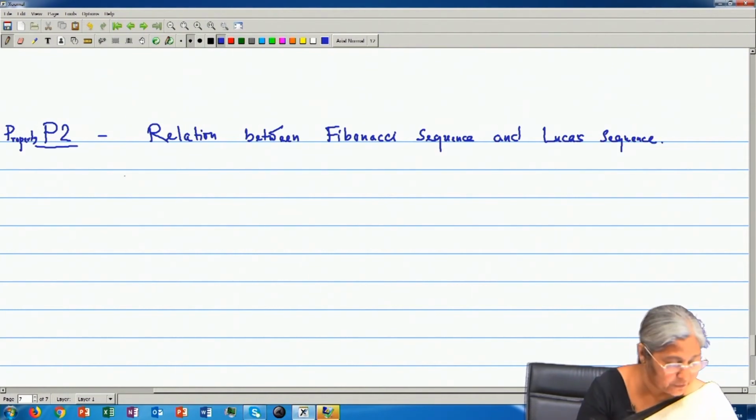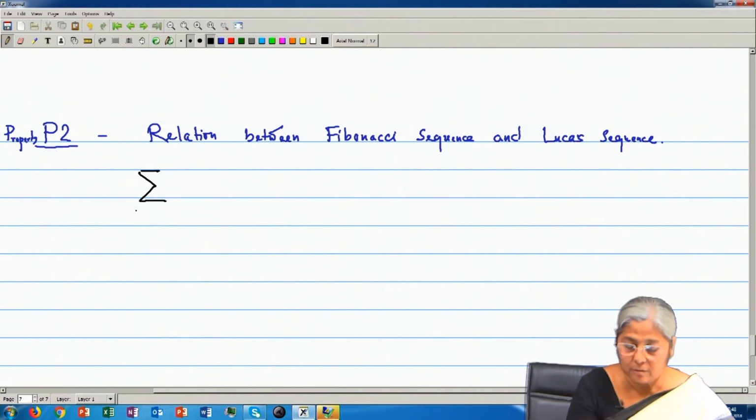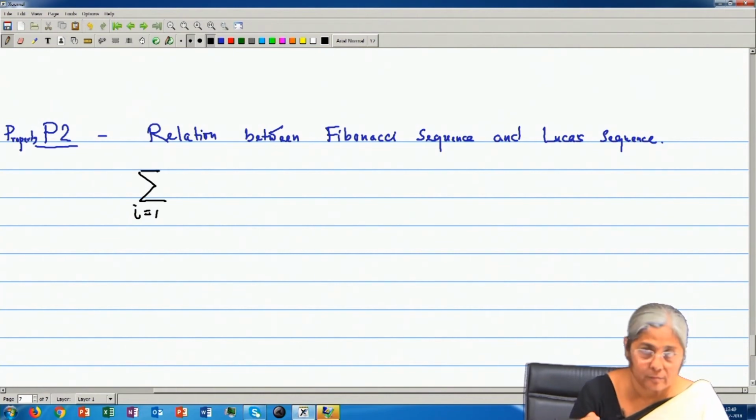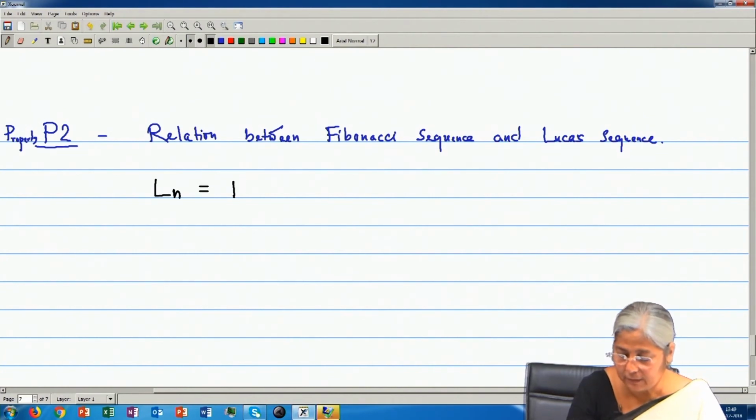I write one such property: I take a simple property that I can write for the nth term of the Lucas sequence, L n, as f n minus 1 plus f n plus 1.